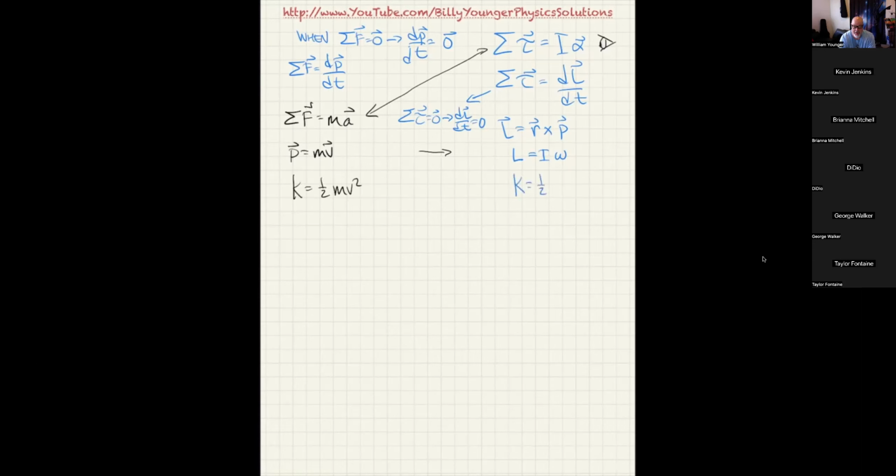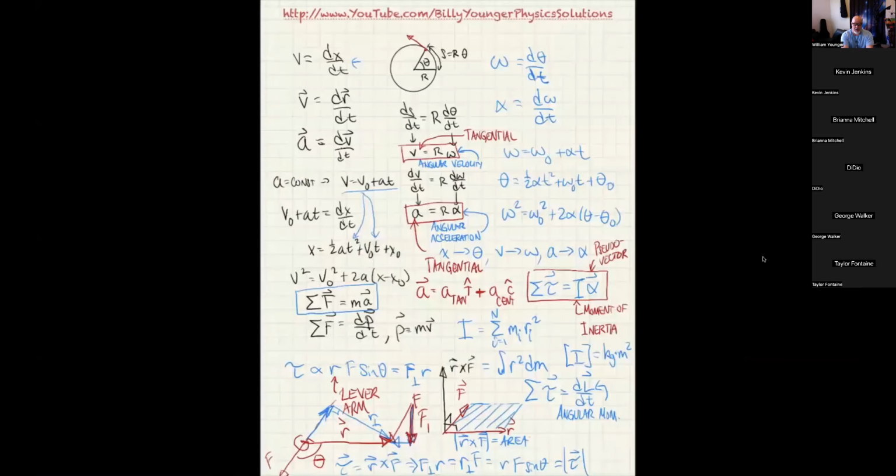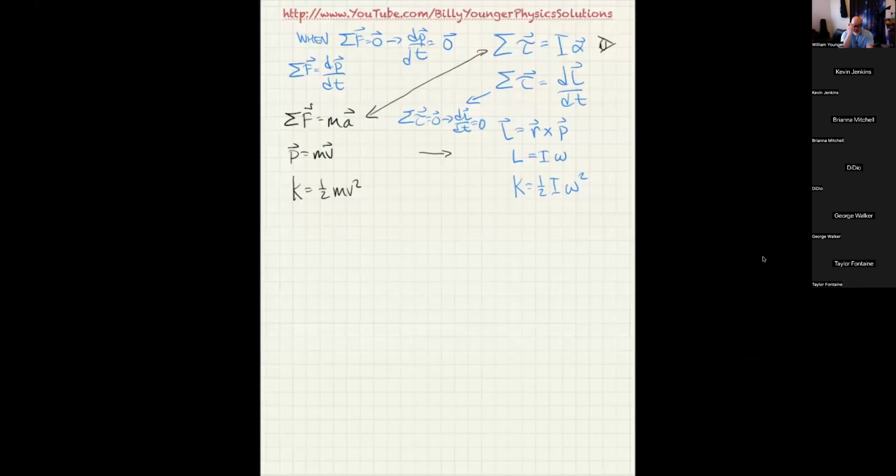I'll give you a start: 1/2. Is it times inertia? Yes, times inertia. And what do you think is going to be squared? Angular speed squared. There you go. Exactly. See how you can just guess by the former equations. You can see what compares to what and get exactly the right expression.